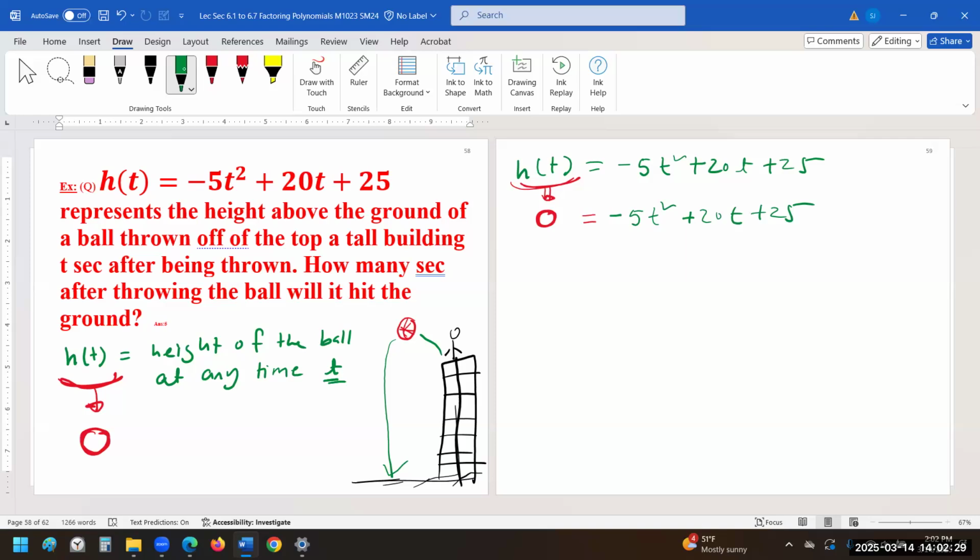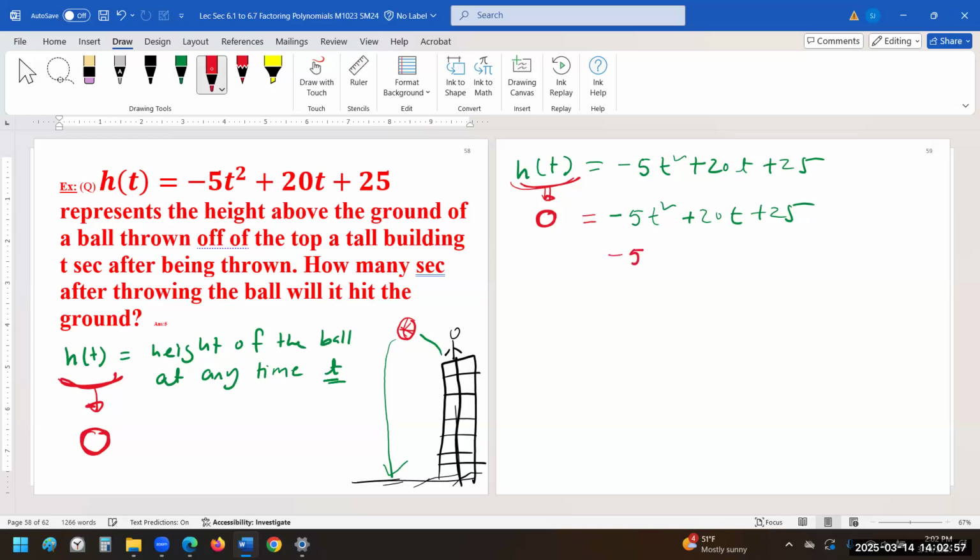So what type of equation do we have? Quadratic. And what do you observe? We are not happy because we started our day with negativity, so we definitely need to get rid of the negative. Anything else you observe? We have a GCF of what? 5. See, all these numbers are divisible by 5.